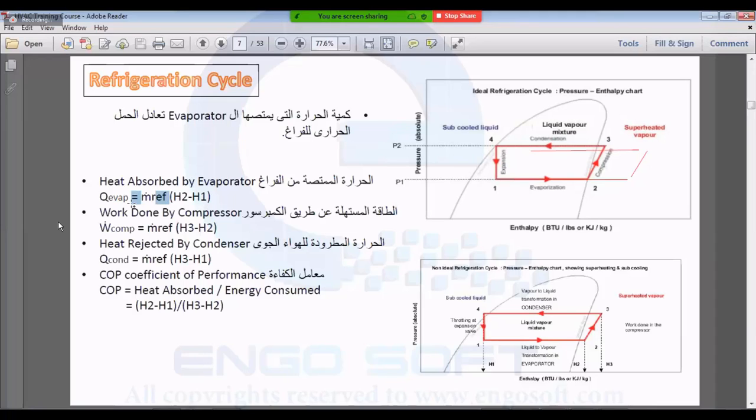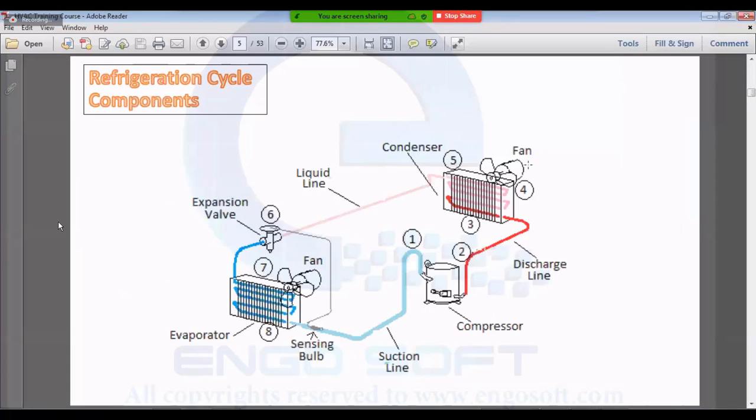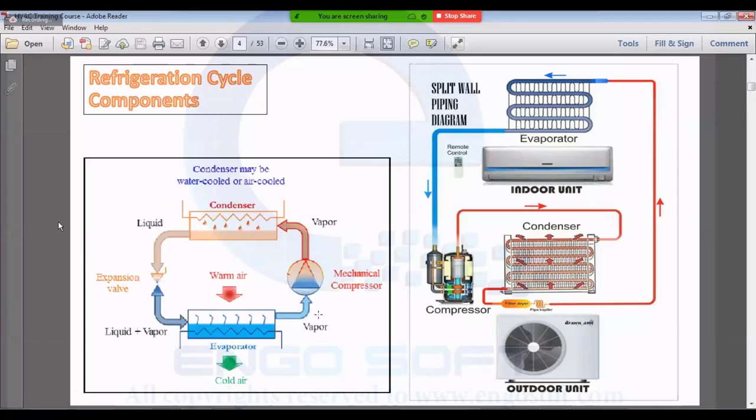So by multiplying the mass flow rate of the refrigerant, or the freon, by the difference between H2 and H1. What is meant by H? H is the energy of the freon. Let's remember this cycle. We don't change anything in this cycle, right? No. So I need to calculate the amount of Q evaporator.